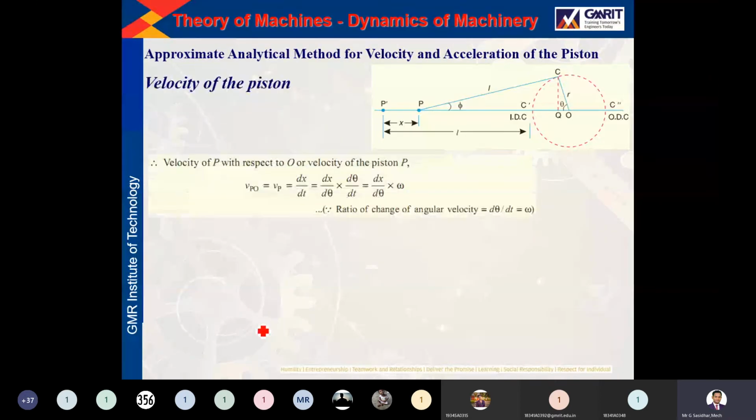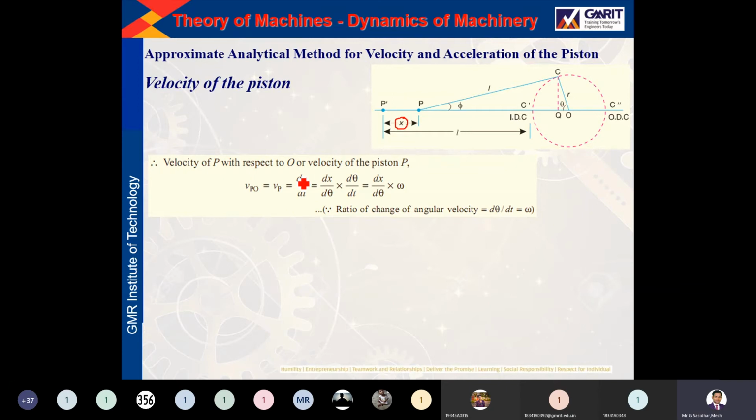Now look at this general formula. Suppose I want to find out the velocity of the piston with respect to the ground. So generally what is the equation? Change in displacement or change in position by time, dx by dt.